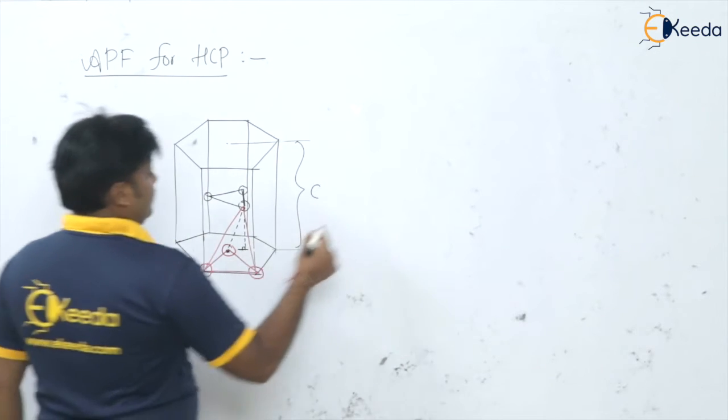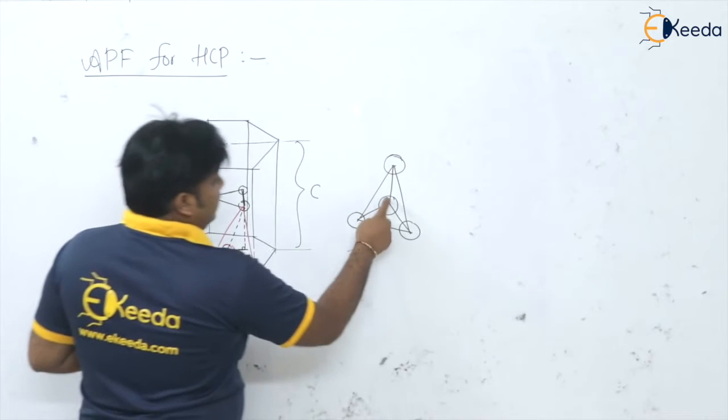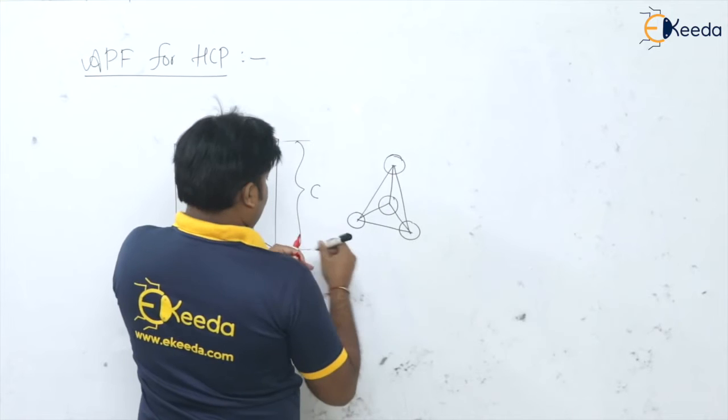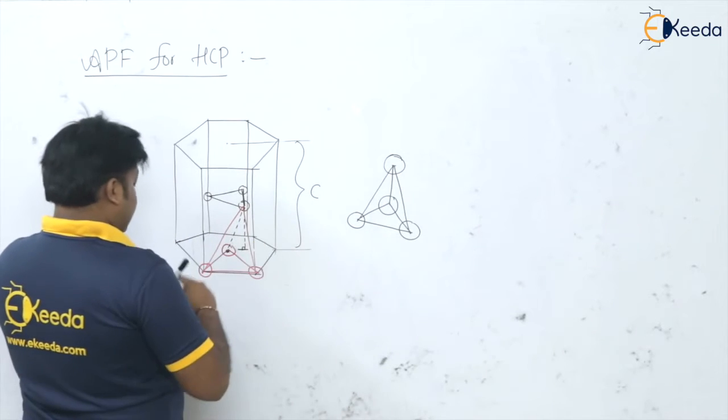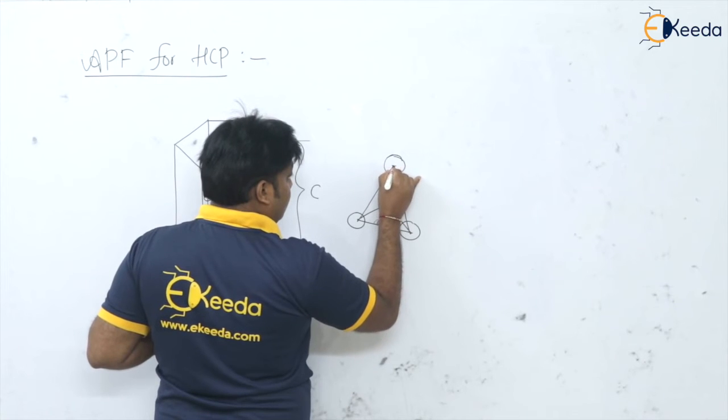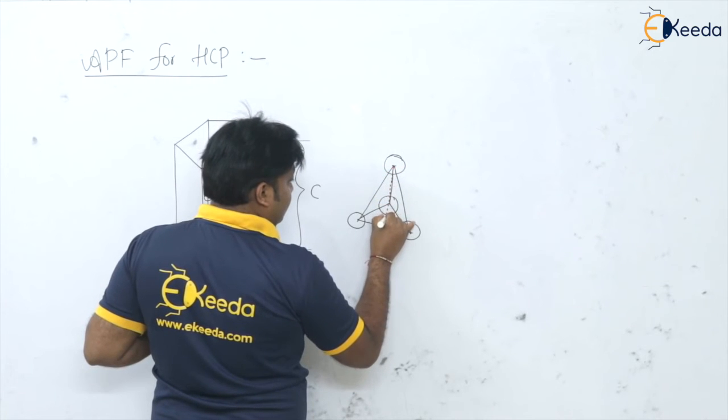So it will be like this. See, this atom is like this here. So this perpendicular I can have from here onto this lower triangle or base triangle like this.